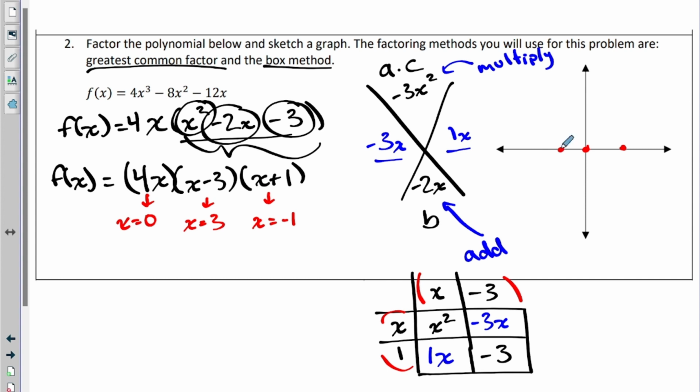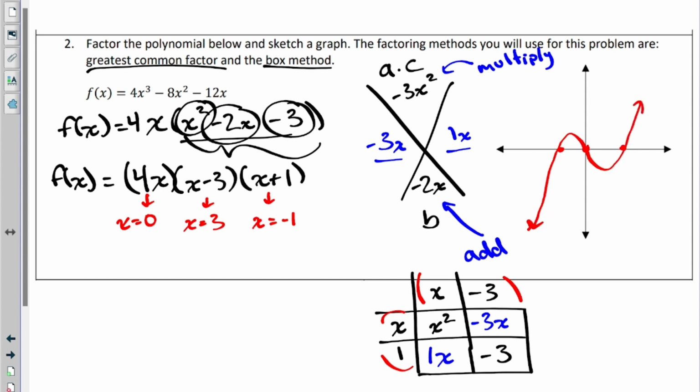And then we should double check our end behavior. This is a cubic, and so we know it's going to have the odd degree end behavior, which either looks like this or like this. And because the leading coefficient's positive, that means as I increase x, I'm going to end going to positive infinity, like the positive slope of a linear function.